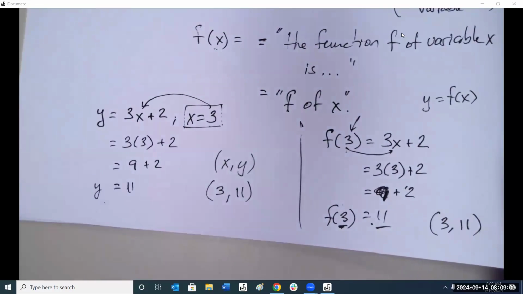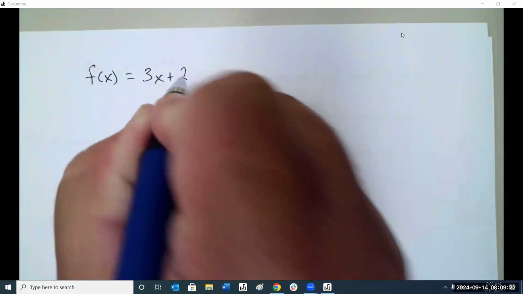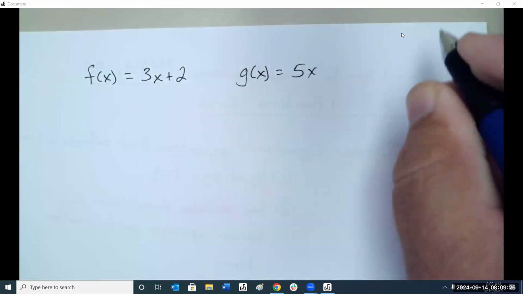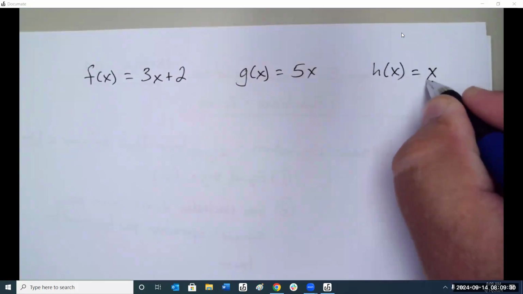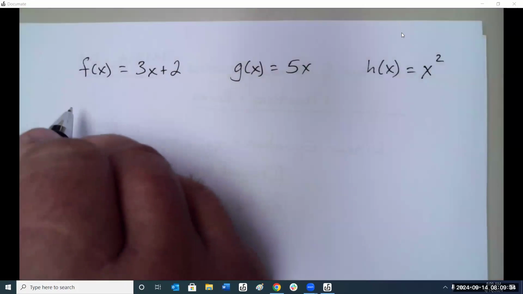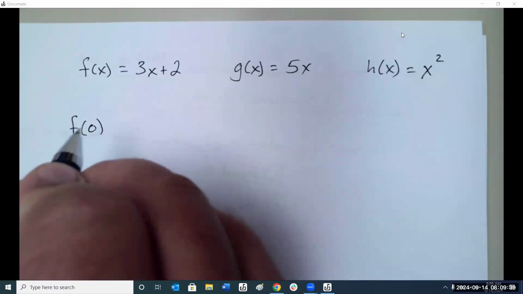Now you may say, well, what's really the big difference? Well, if I give you multiple functions, I can now make it easier for myself.